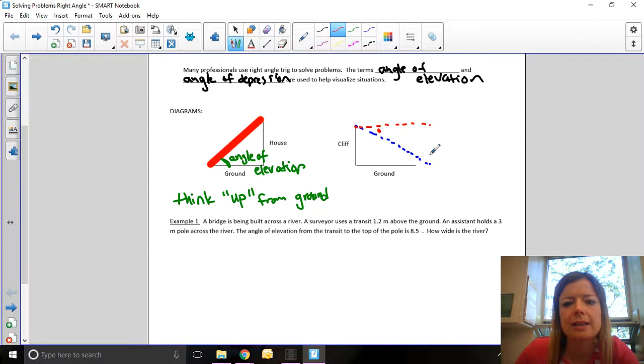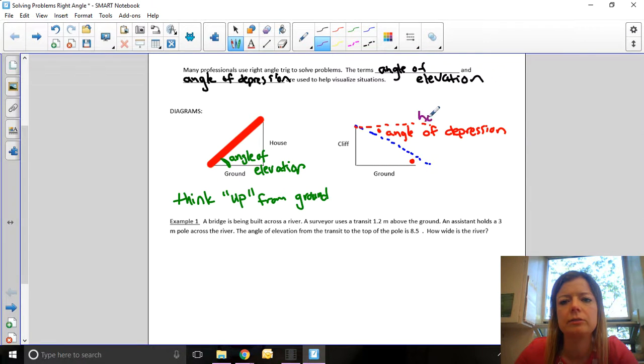And using the Z pattern, that means that that's the same as this angle. So this is the angle of depression. So you have to think about it as the amount that they're looking down from the horizontal. So we call this thing here the horizontal.